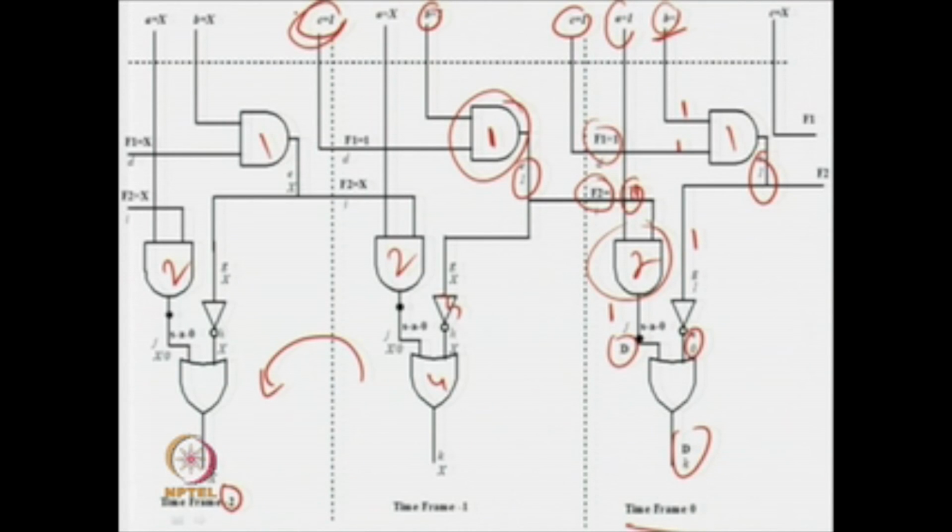So, if you make c equal to 1 at timestamp minus 2 and then make b equal to 1 at timestamp minus 1, you are going to get an output of 1 in the second stage, which can be directly applied to the third stage. And if you make c equal to 1 in timestamp minus 1, or step number 2, then in the third stage you are going to get a 1 over here.